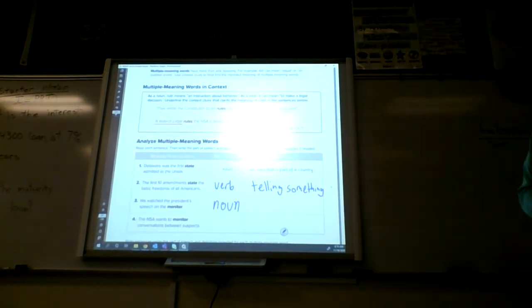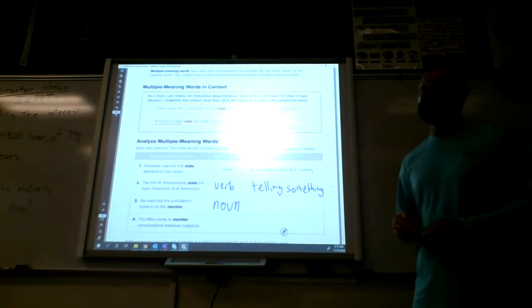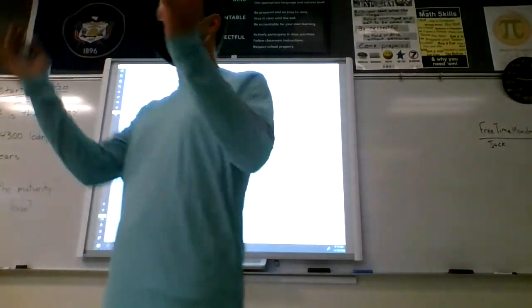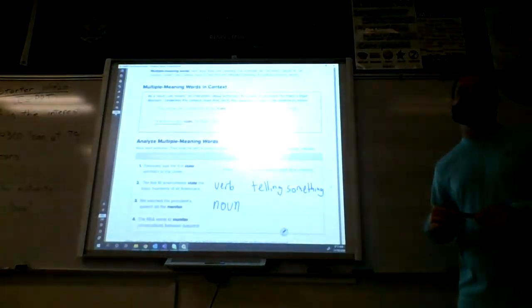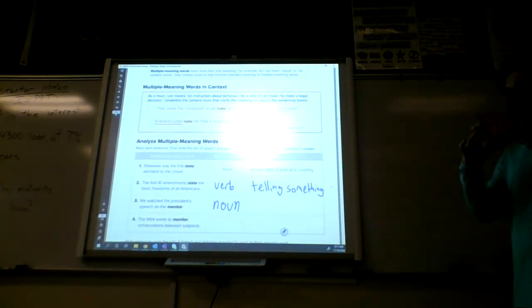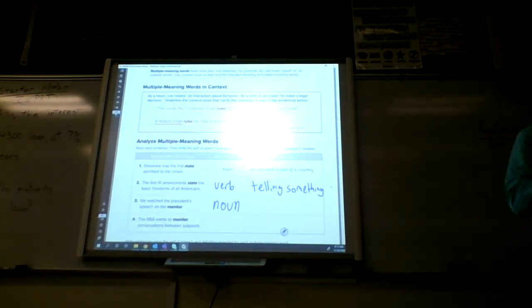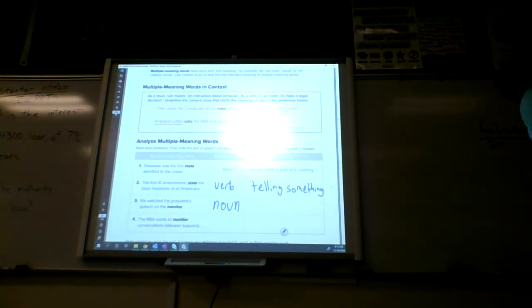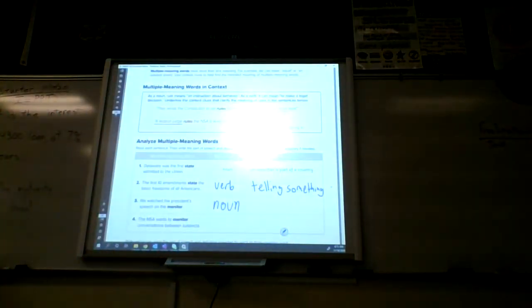No, it doesn't always have to be a TV because you guys have a computer. TV or computer, cell phone, screen. So the monitor would be the screen that you're watching on. Like your phone, this would be the monitor on your phone. The computer, this would be the monitor.